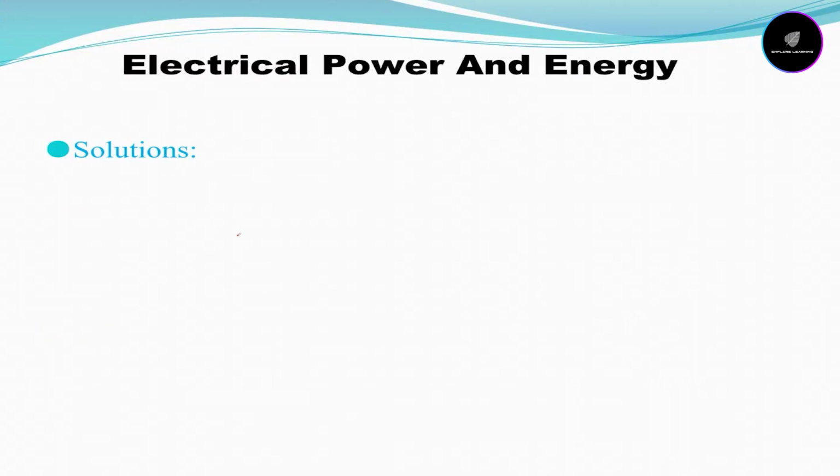First, we need to know what the current is. Now current equal to 13 amp. The voltage equal to 240 V. Alright? And then we have the time equal to 30 hours.